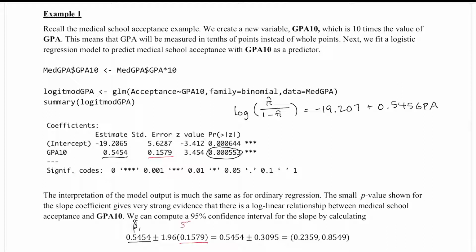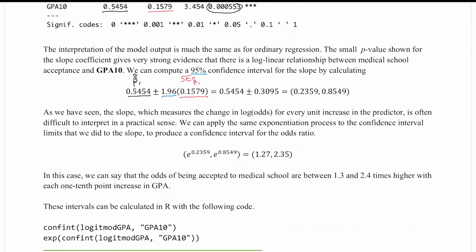We can also create a 95% confidence interval, so we have our beta 1 hat here, and we have standard error here for that beta 1 hat, and then the multiplier 1.96 goes with the fact that we have a confidence level of 95%, and we can create the confidence interval in the usual way.